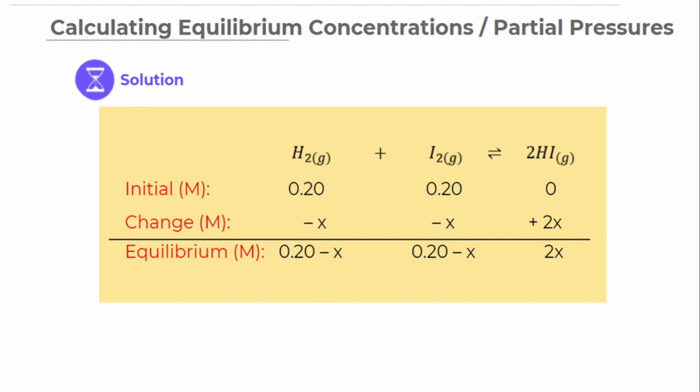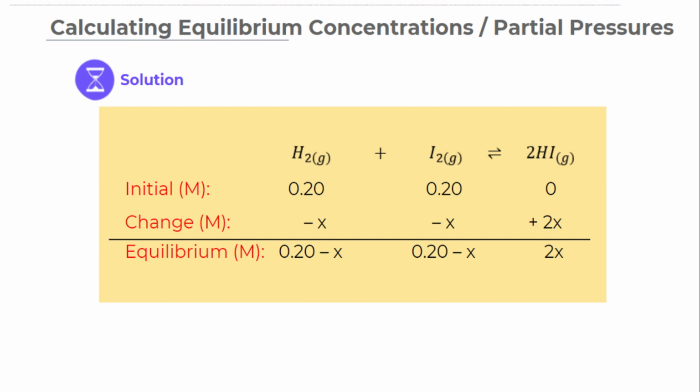From the value of the reaction quotient obtained, hydrogen and iodine are the substances consumed in the reaction until equilibrium is reached. Let X be the concentration of hydrogen consumed. Since hydrogen and iodine react with a 1:1 mole ratio, X is also the concentration of iodine consumed.